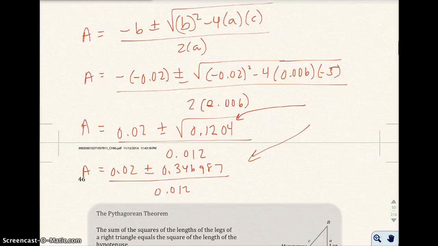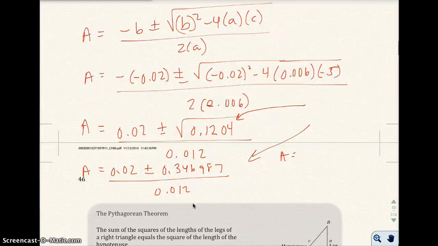So A is going to be equal to 0.02 plus this, then divided by this. I get 0.02 plus 0.346987, and I hit equals. Then I divide it by 0.012.